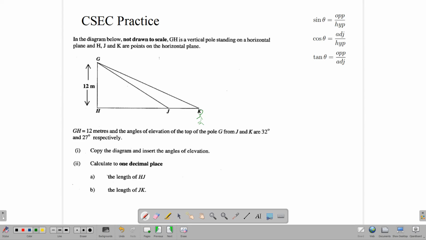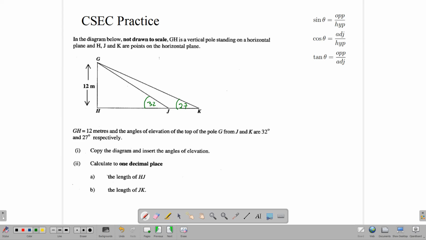So this line, as you keep going closer and closer to it, the angle of elevation becomes bigger and bigger. It means that the bigger angle is supposed to go here, that's 32, and the smaller angle goes further away or furthest away, that's 27, in case you had more.